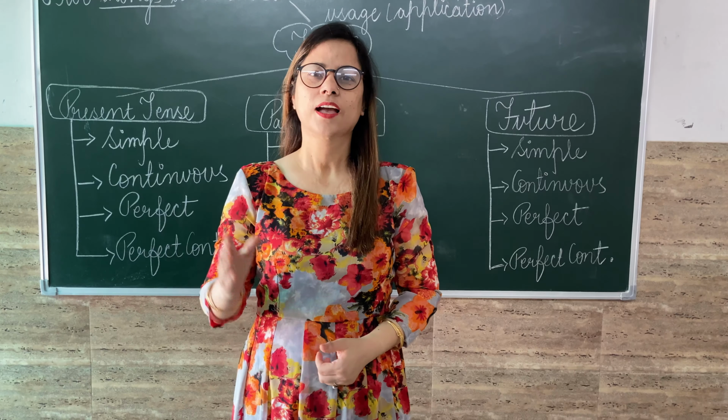Once again, a quick recall: the person about whom something is said, the person who is doing that action, is called the subject. The action that is taking place is called the verb, and the word which completes that verb, on whom the effect of the action is going, is called the object. So the rule is subject, verb first form, the root form of the verb, and then object.